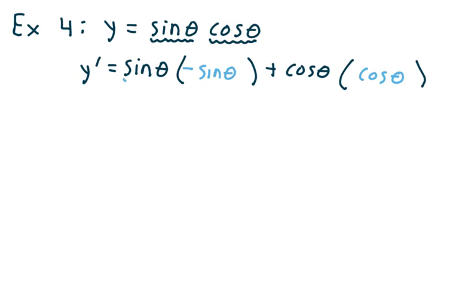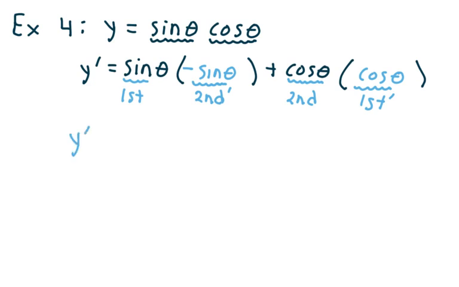So again, this is first times the derivative of the second plus the second times the derivative of the first. So you can think of this as first, second prime, right? Derivative of the second. And then you have the second times first prime. So it works just like this.